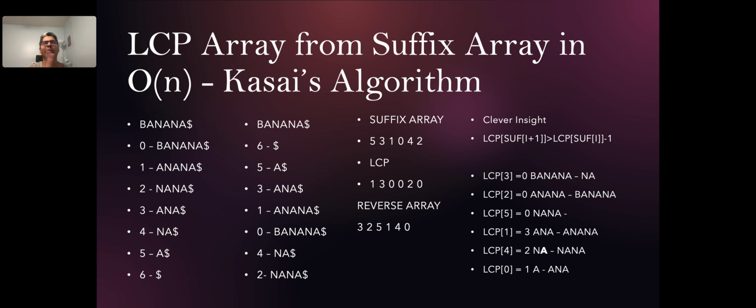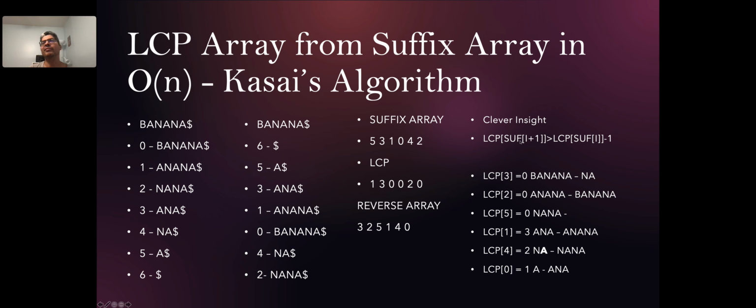In fact, you go back a bit, you do about two comparisons for each of these characters, but you don't have to go back and do more comparisons than that. So that is the clever insight.